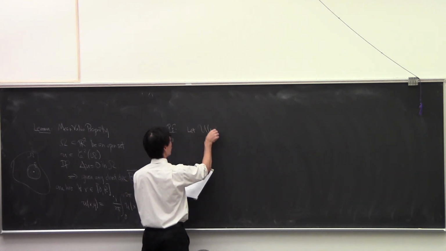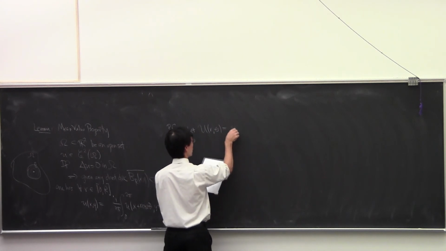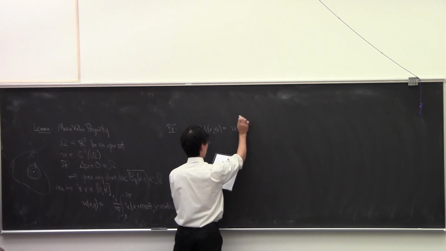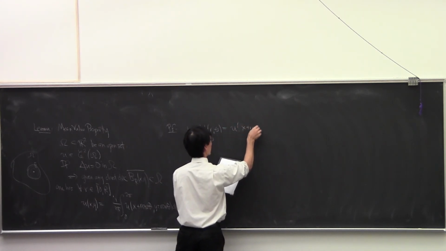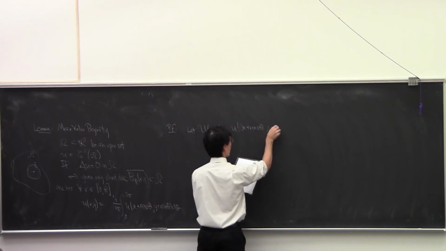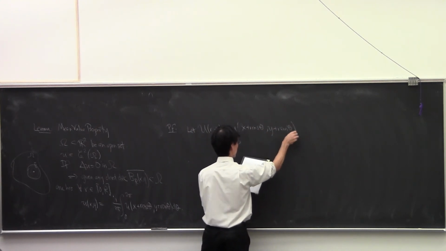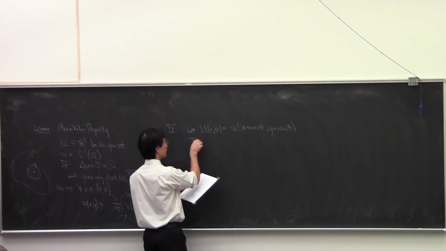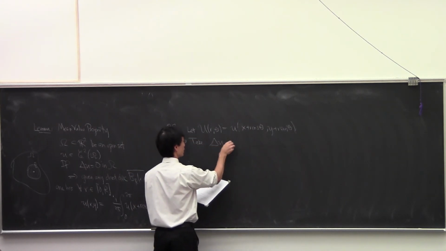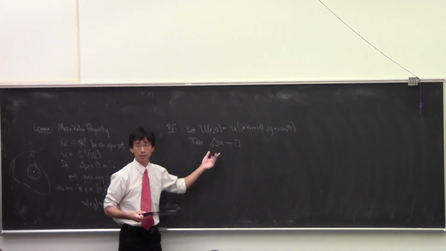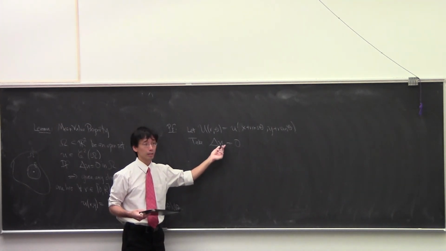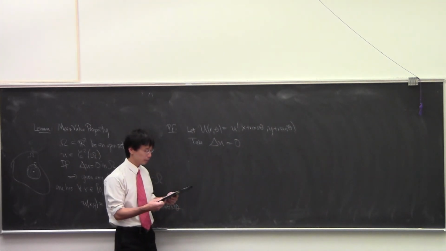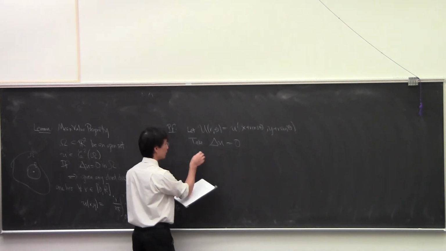If we let U of r, theta be U of x plus r cosine theta, y plus r sine theta, and then you take the fact that little u is harmonic. Okay.